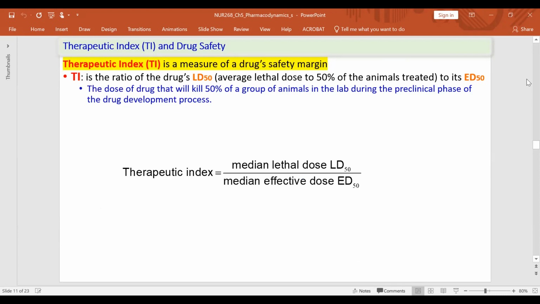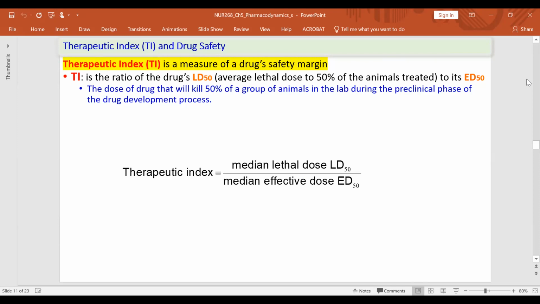Therapeutic index. So let's just look at the ED50. What is ED50? Effective dose 50 and lethal dose 50.